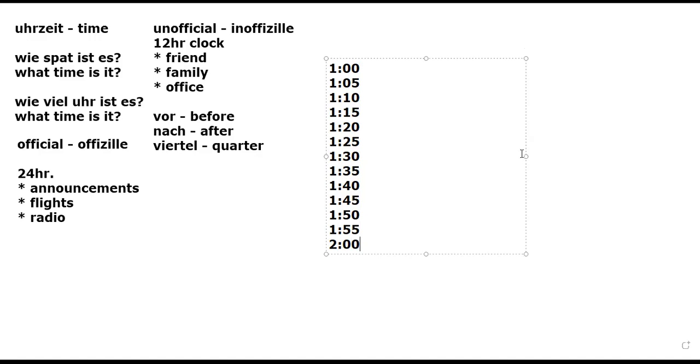So you can easily say the first one is the same as we did earlier in the official one, that is 1 Uhr. Okay, it is 1 o'clock. Now there is another thing. You can find here 5 minutes up, 5 minutes past 1. So how do we say it? First you have to say the minutes and then later on the hour. So in inofficial, this changes a bit. Fünf nach 1 Uhr.